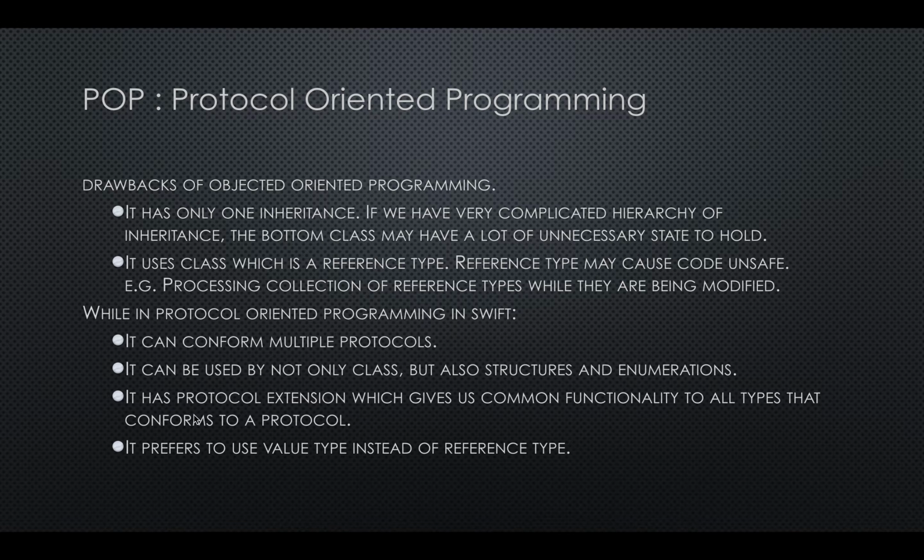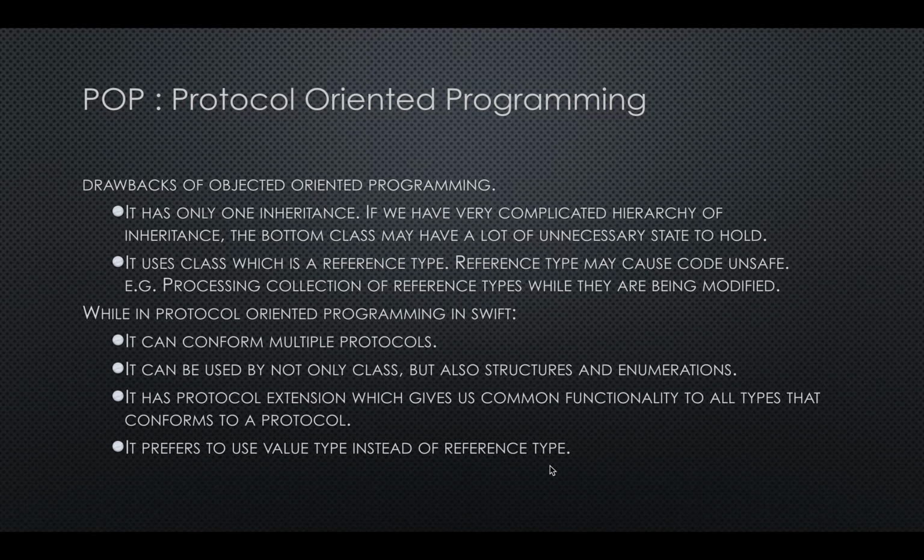And then it has protocol extensions. The main feature of protocol oriented programming is that you can write extensions to protocols, and write common functionality in that extension, which will be adopted by all the classes which conform to your protocol. Protocol oriented programming also prefers to use value types instead of reference types, so it saves you from the reference type problem as well.